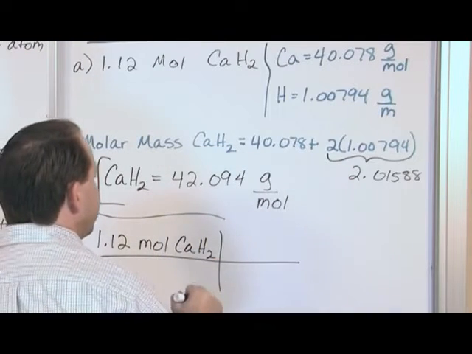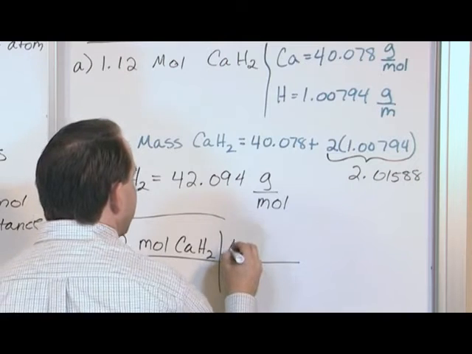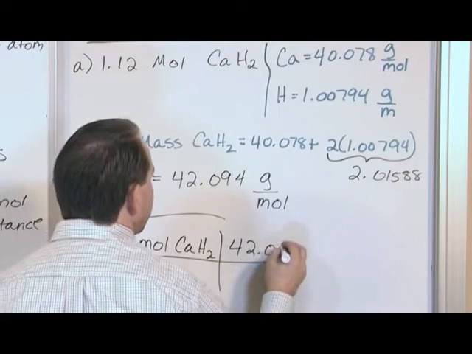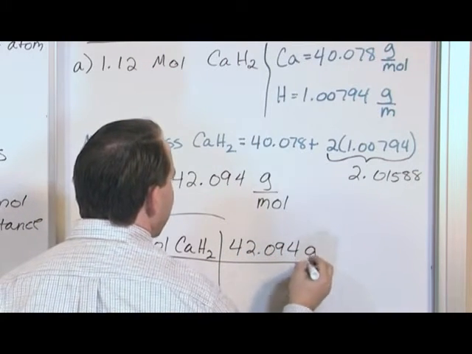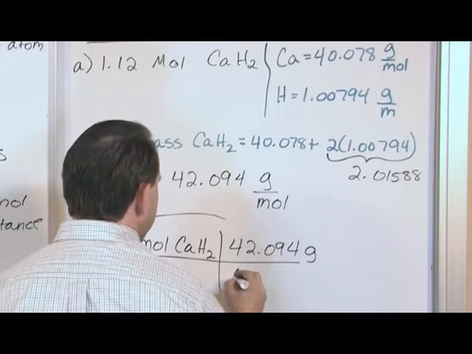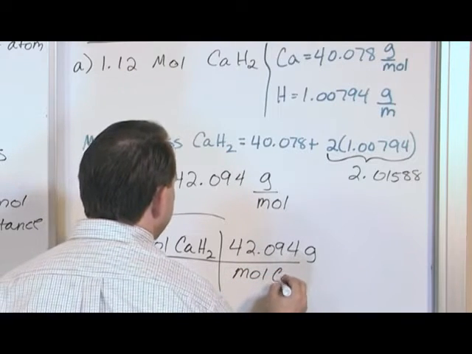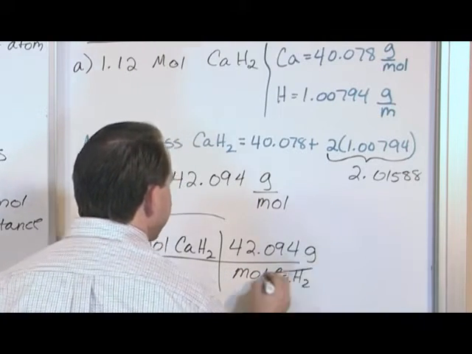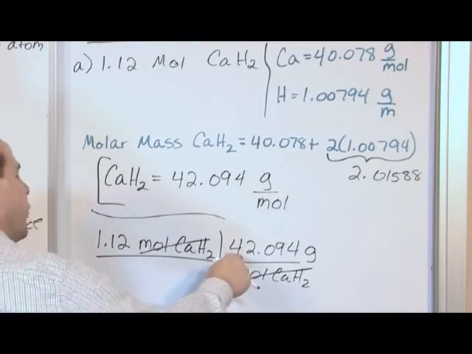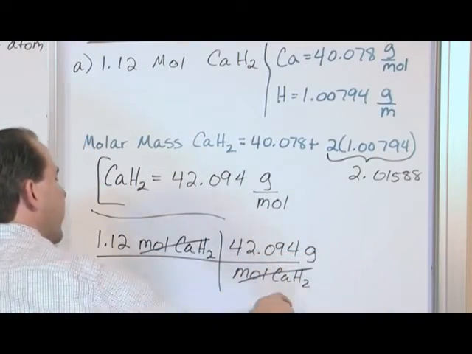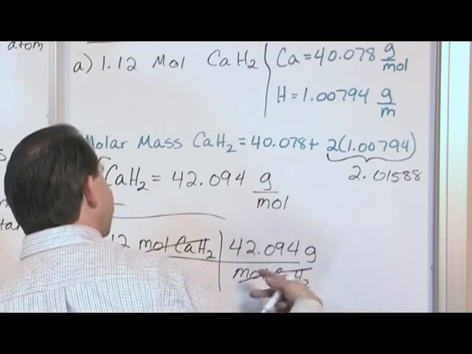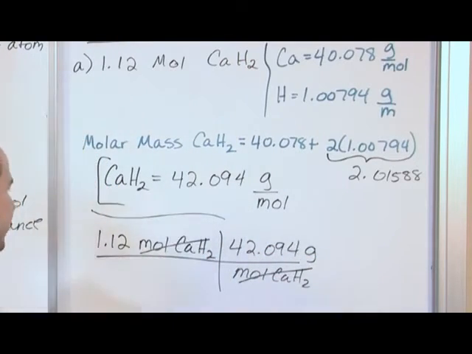So what we're going to end up doing is we're going to have 42.094 grams per mole of CaH2. So this cancels with this. It's 42.094 grams per mole. If we flipped it upside down on accident, then we wouldn't have the cancellation here.